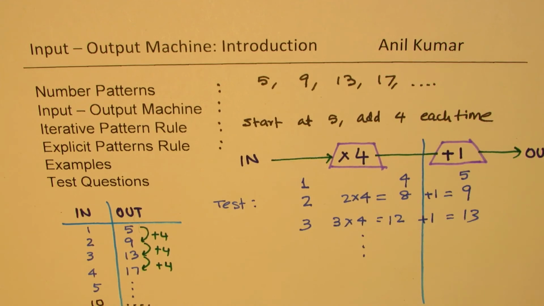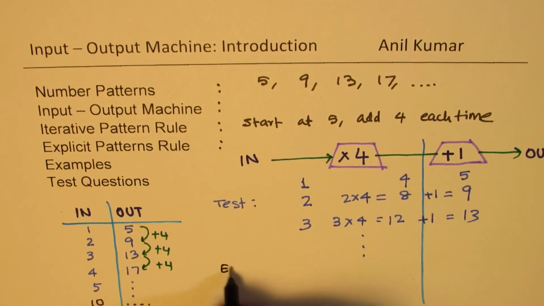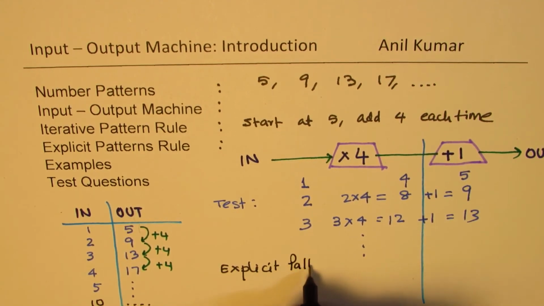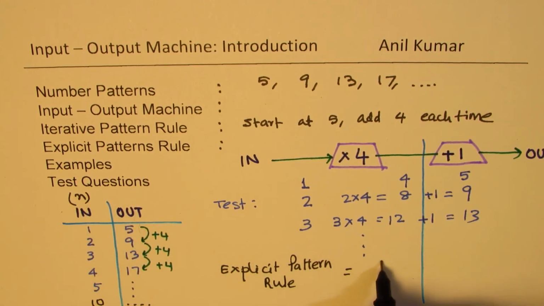So once we are very clear about it, we can say what is explicit pattern rule. So explicit pattern rule is equal to, we have to multiply by 4. This number input is our number n. So 4 times n, and then we add 1.